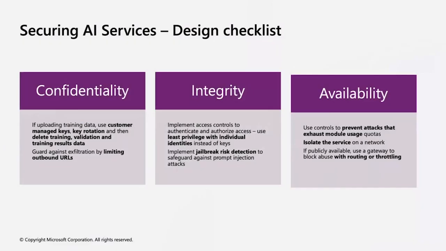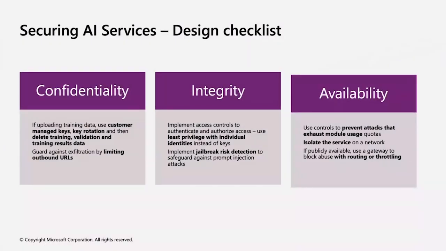We may have some detections here that will detect high utilization. You can also isolate that service on a network, so this will not spread to other networks in your cloud environment. In case your service is publicly available, use a gateway to block abuse with routing or throttling. A gateway in front of the service will always be helpful.